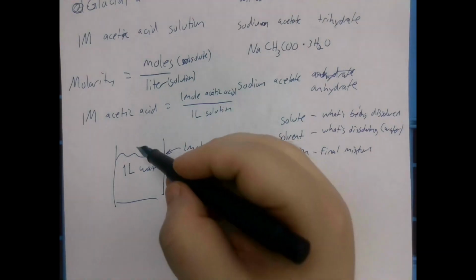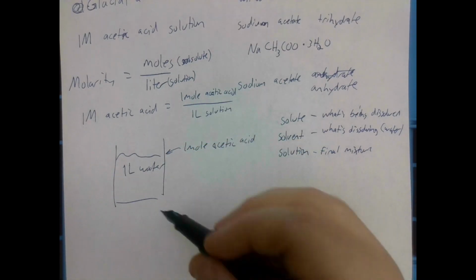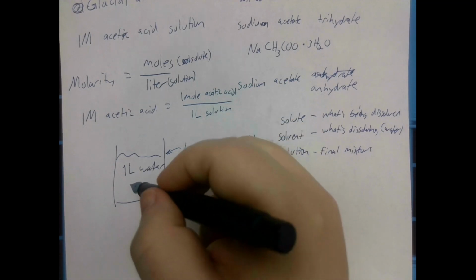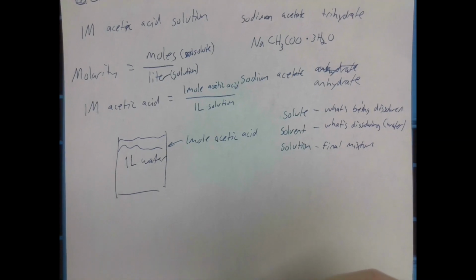What happens when you dump powder into something? The volume changes, right? So if I dump 1 mole of this into this, the volume is going to increase, and I'll no longer have a 1 molar solution.